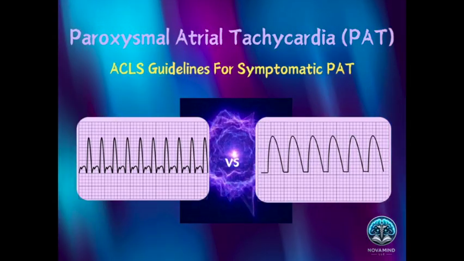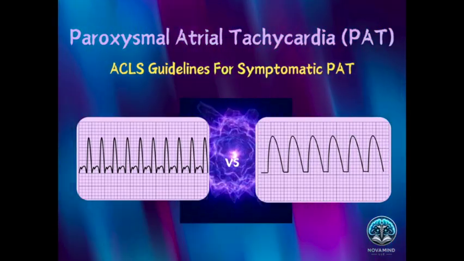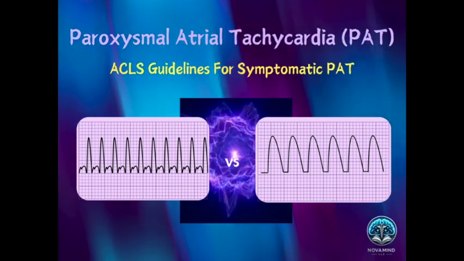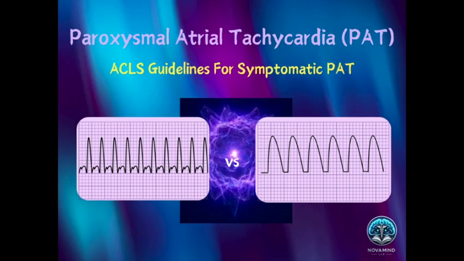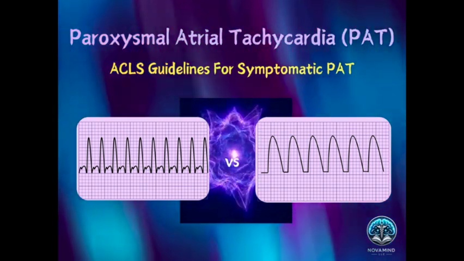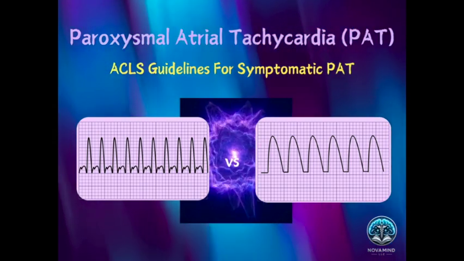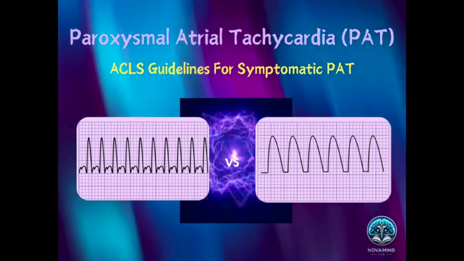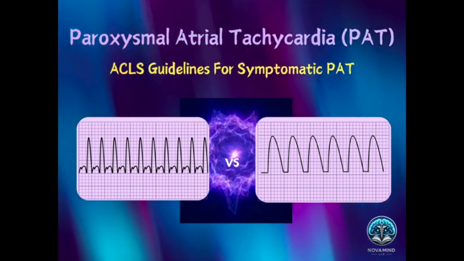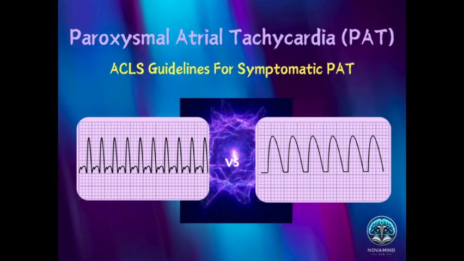ACLS guidelines for symptomatic PAT. It is essential, before taking the ACLS written test or megacode, to be confident in identifying the correct algorithm for each rhythm strip that you analyze. This skill is not just for passing the exam, but it's critical in real-life emergencies where timely and accurate interventions can save lives. Knowing which algorithm to follow ensures that you apply the correct treatment based on ACLS guidelines.